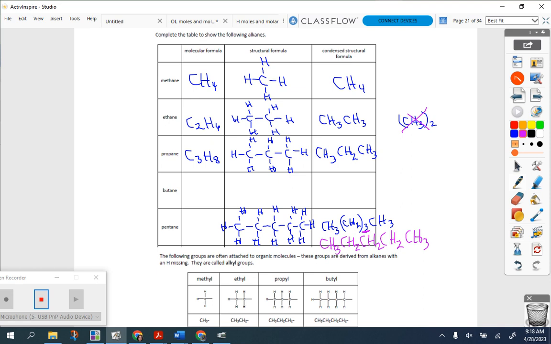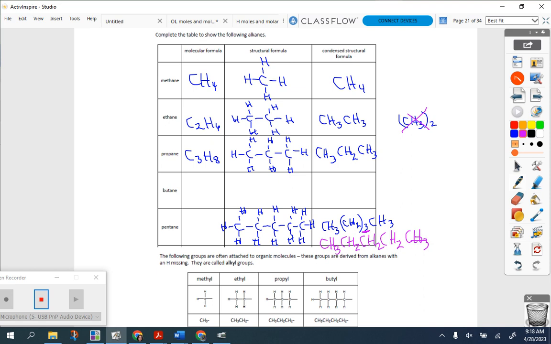There's not a hard and fast rule of when you start doing that. It's like when it becomes awkward to keep writing it out. So you wouldn't do it for propane because you've only got one CH2. You could do it for butane, but it would be almost the same to write out another CH2. Once we start writing out a bunch of them, then it makes more sense to put them in parentheses and put the subscript there. Okay, so thanks for asking about that. You could write it out this way.